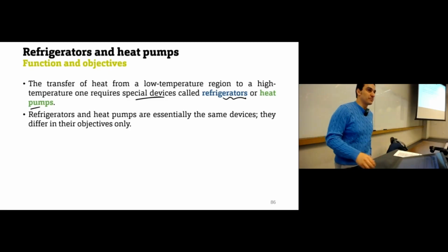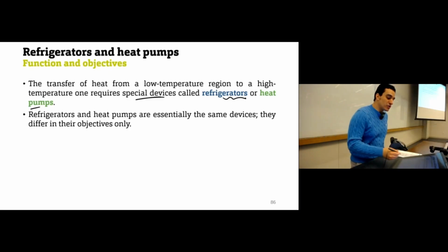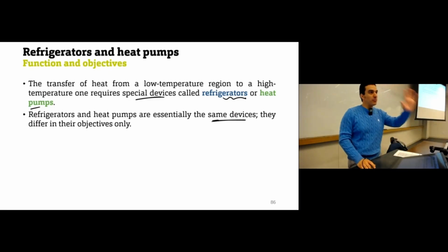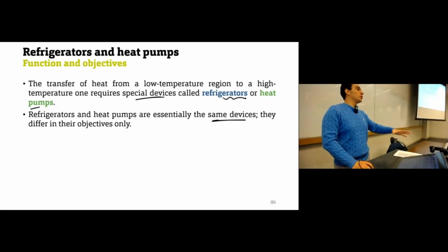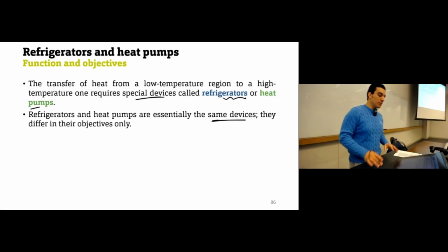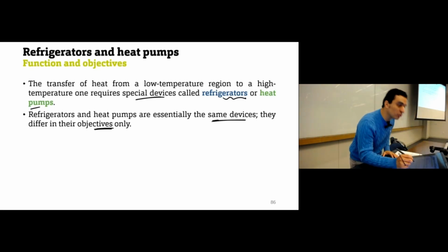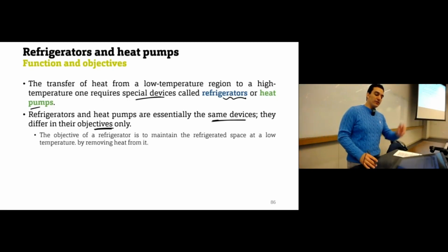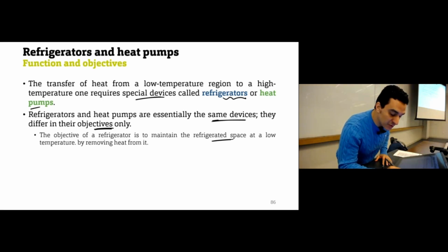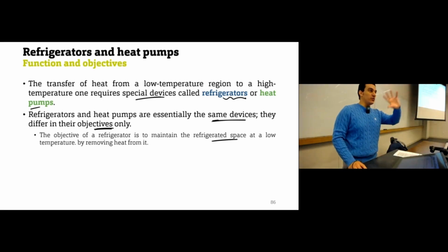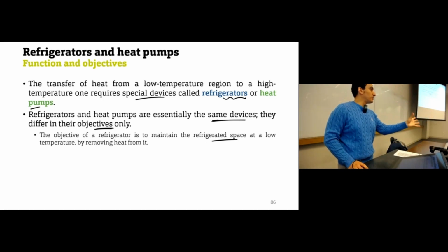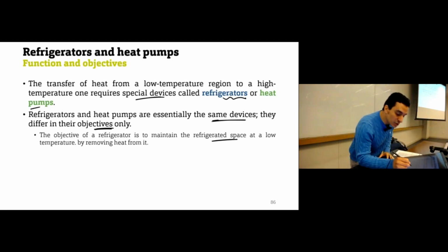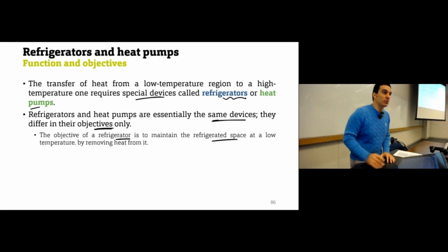Refrigerators and heat pumps are almost the same device, with the same components, maybe the same working fluid and the same flow direction, but only the objective is different. If we have a refrigerated space, a system at low temperature, and your objective is to keep this system at this low temperature, your device is called a refrigerator.